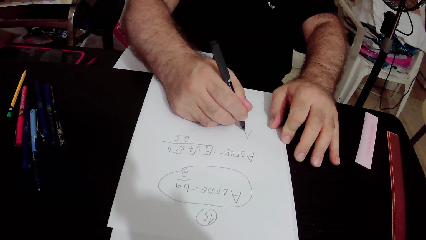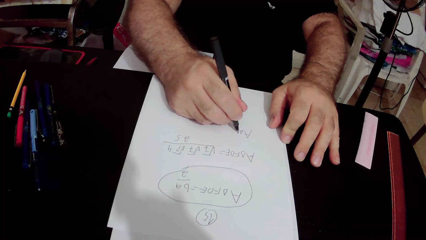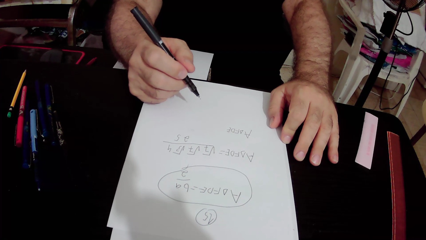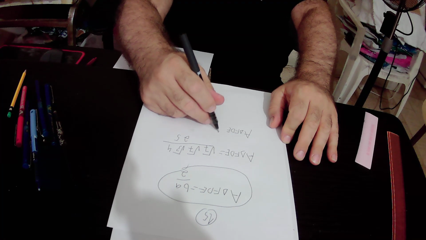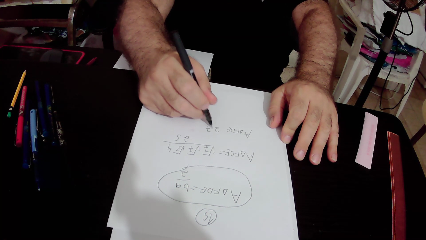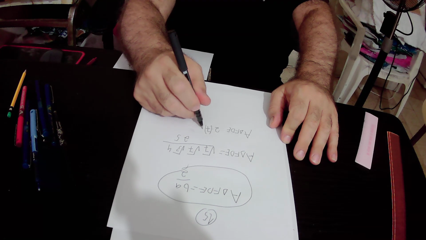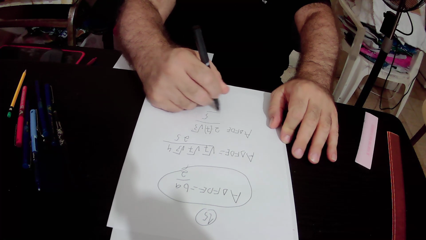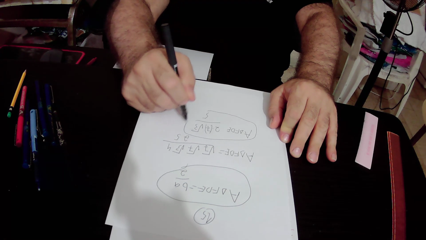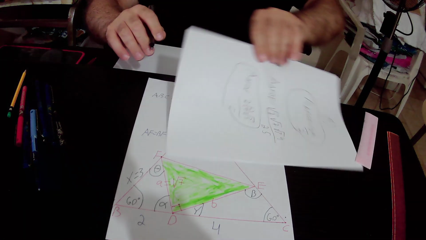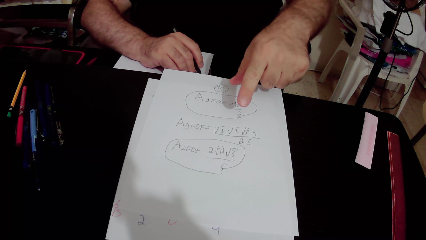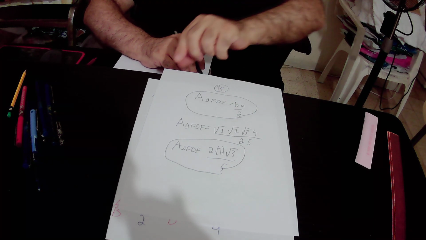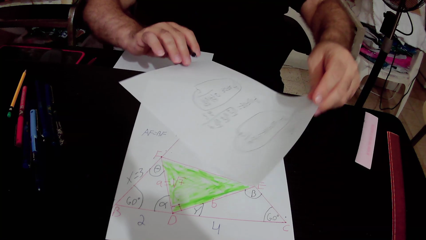So the area of the green triangle FDE equals 2 times 7 times root 3 over 5. Okay, so the area of the green triangle is 2 times 7 times root 3 over 5. 2 times 7 is 14. So I write it down.